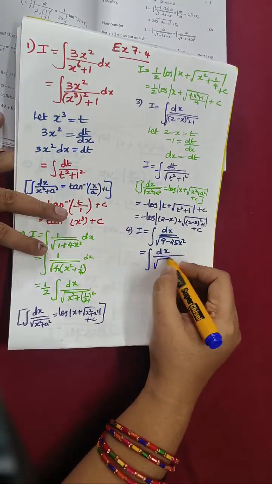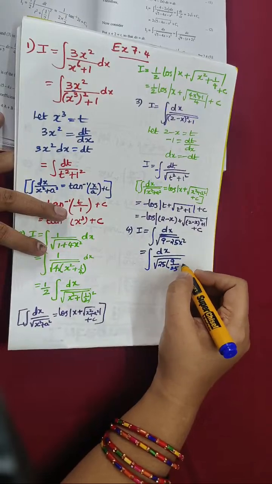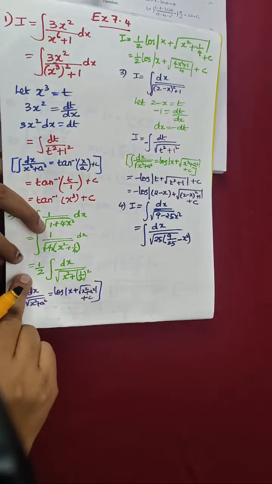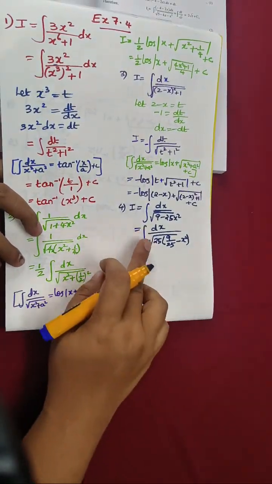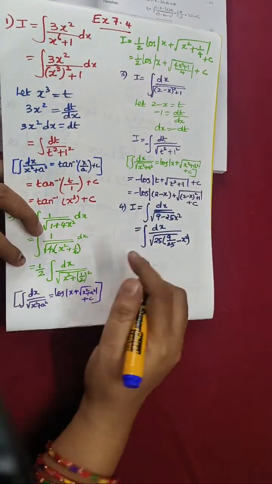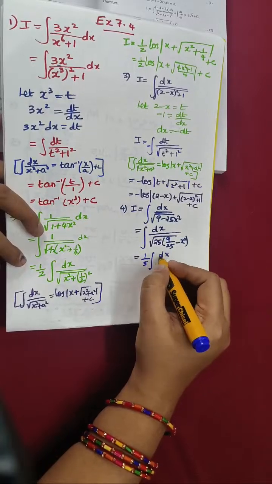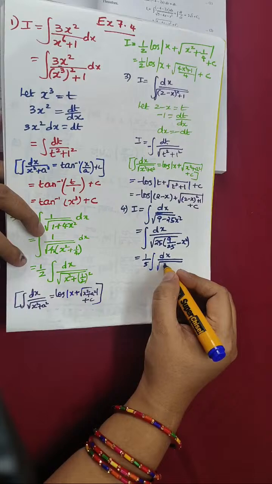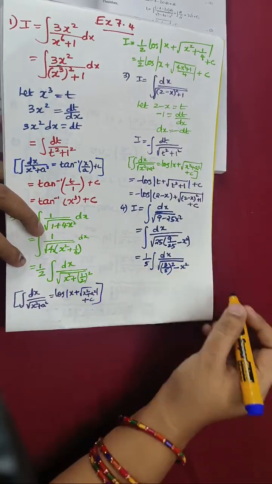So just take 25 as common. So this can be written as 9 by 25 minus x square. Now like how we have taken 1 by root 4 outside as 1 by 2, similarly 1 by root 25 can be written as 1 by 5 integral dx by root of, 9 by 25 is 3 by 5 the whole square minus x square.